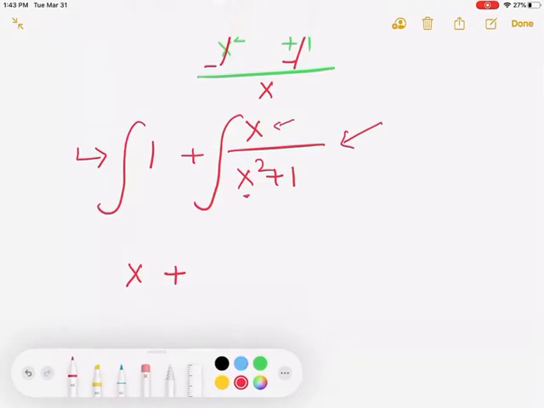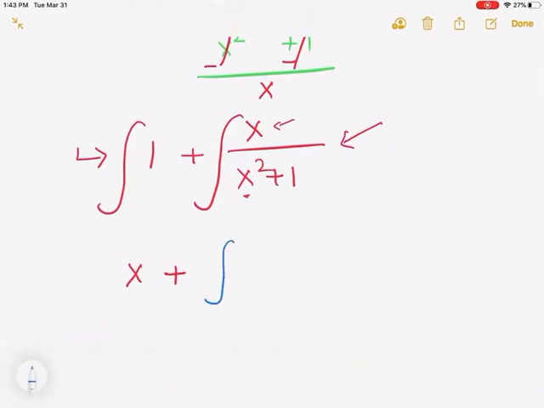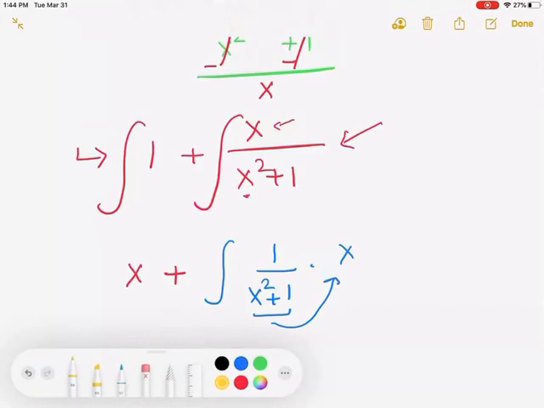So you could rewrite this first. Let's rewrite this as this. What I see is 1 over something, but I need to check if the other piece is the derivative of this or not. Derivative of x squared plus 1 has to be 2x. So it means a 2 is missing.